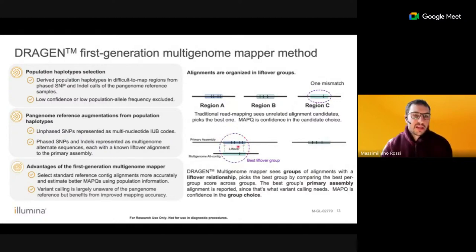And this is what makes the variant calling unaware of the pangenome, because the variant caller will just need to look at primary assemblies, and it would benefit from the improved mapper accuracy because the multi-genome mapper did most of the work in placing the read in the right place.